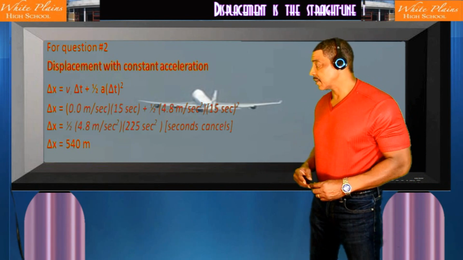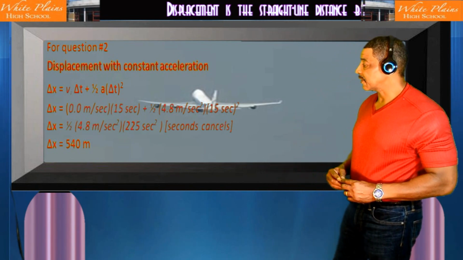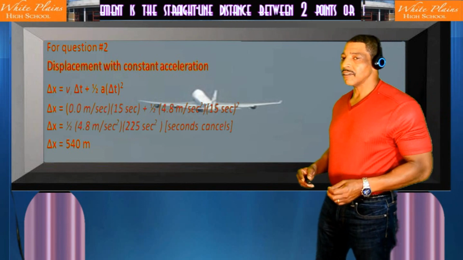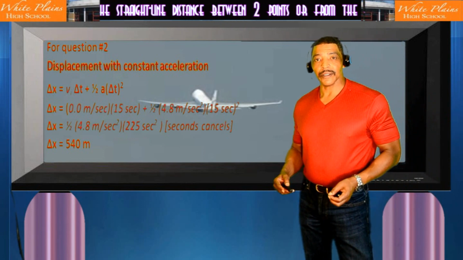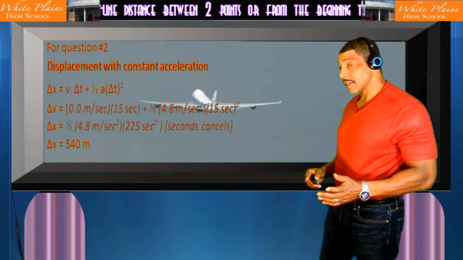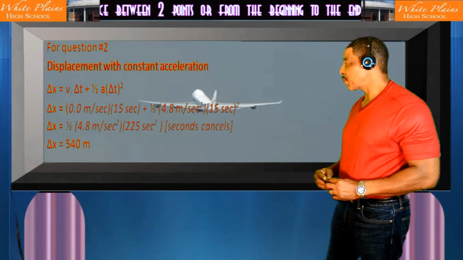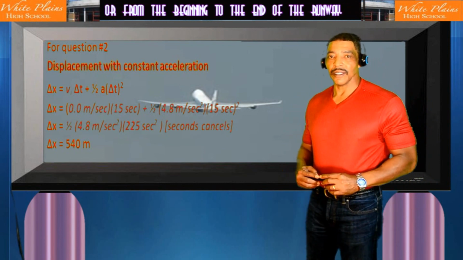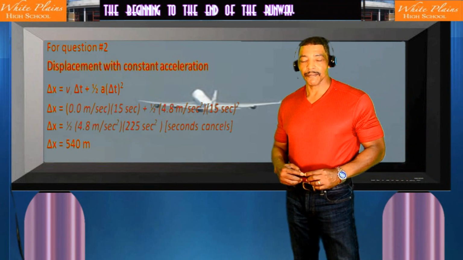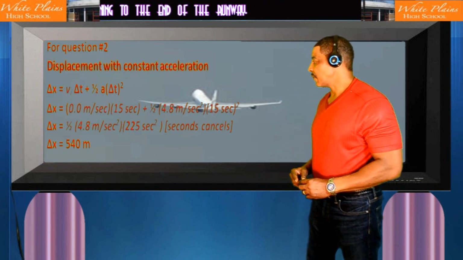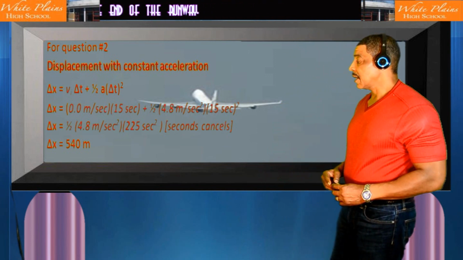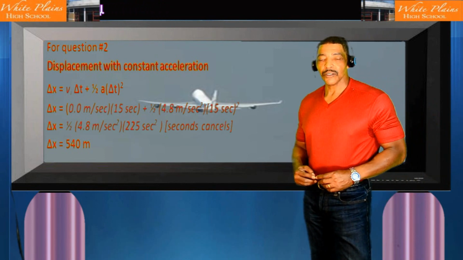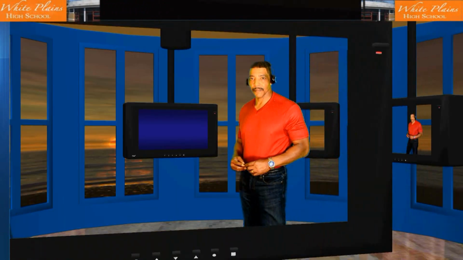Inserting the information, displacement delta x is equal to 0.0 meters per second times 15 seconds, which is clearly equal to 0, plus 1/2 times 4.8 meters per second squared times 15 seconds squared. Solving for displacement generates the following, where displacement is equal to 540 meters.